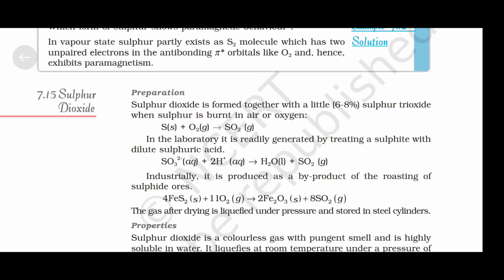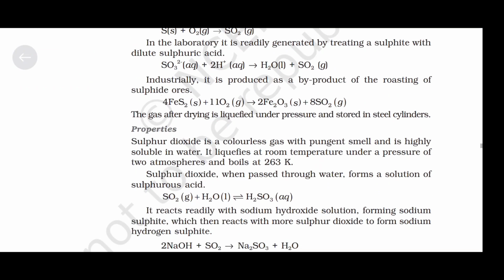So SO3 2 minus plus 2H plus will give water and sulfur dioxide. Industrially, it is produced as a byproduct of the roasting of sulfide ores. FeS2 plus oxygen will give Fe2O3 plus SO2. The gas after drying is liquefied under pressure and stored in steel cylinders.